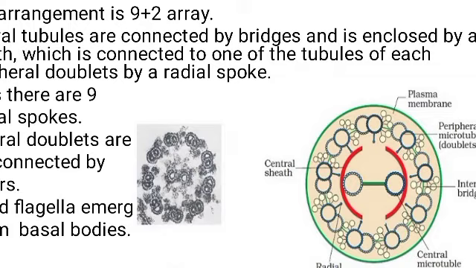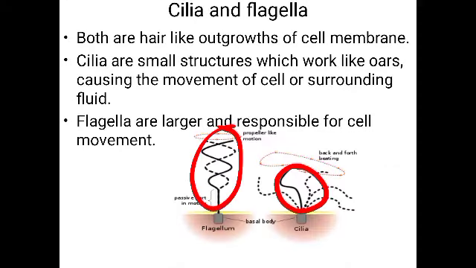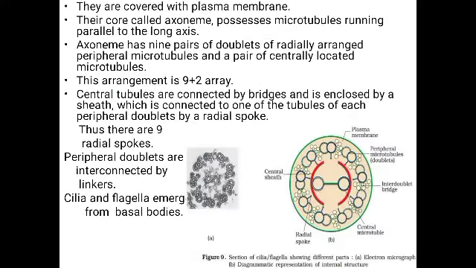Now, this axoneme usually has 9 pairs of doublets of radially arranged peripheral microtubules. You can see in the picture, 9 pairs of radially arranged microtubules are present. Peripheral microtubules are there, isn't it?